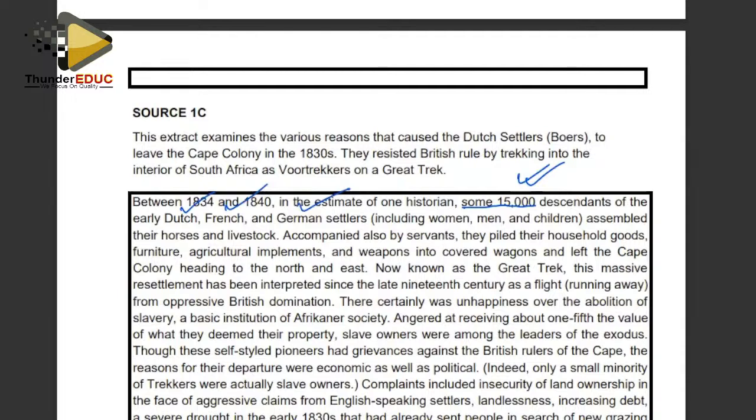It's just saying a large number of people. And we don't know which classification of people were there. There's no useful information there. It's just narrative. There's no substance there. But if we check here, it's giving us an estimate of the number of people who were involved in the Great Trek. And it's also giving us the groupings of the people. They were the Dutch, the French, the German. That is useful information.